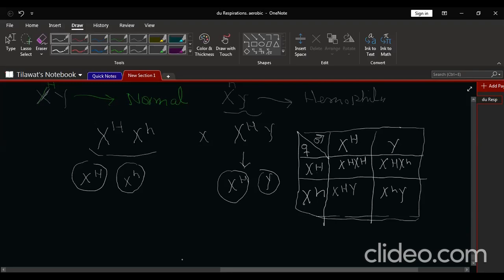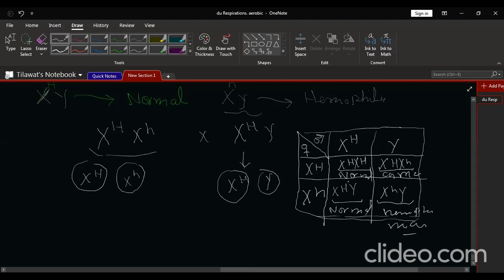Is it clear up to here? Now check the offspring. So this one is what? This one is a normal female. This one, she is a carrier. She, sorry, he is a normal male. And this one is a diseased, hemophilic male. Is it clear?